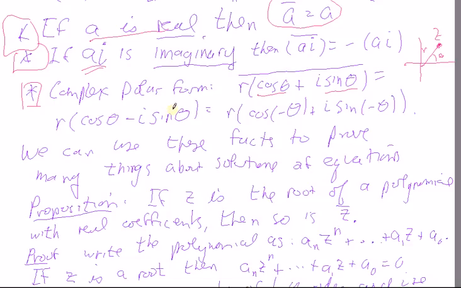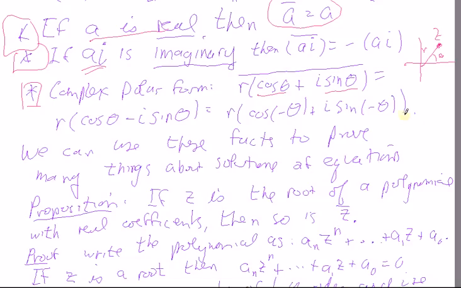And if you remember your trigonometry, cosine of theta is the same as cosine of minus theta because cosine is an even function. And sine of theta is equal to minus sine of minus theta because sine is an odd function. So I can replace this minus sine theta with sine of minus theta.